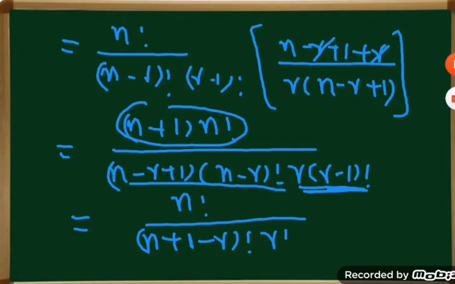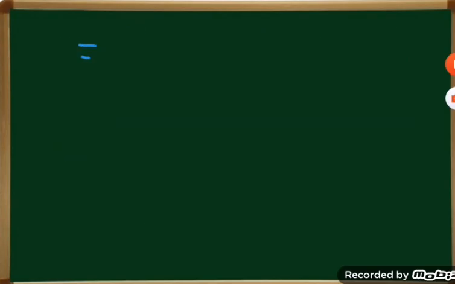Now this is equal to n plus 1Cr. Now this is the right hand side.